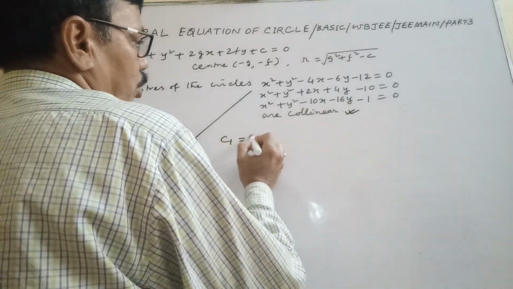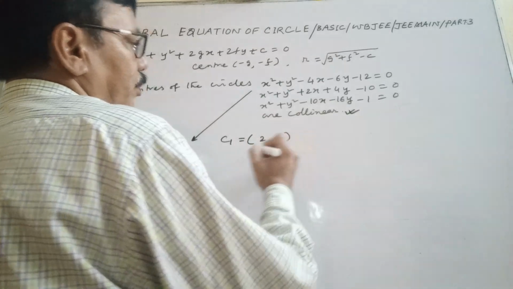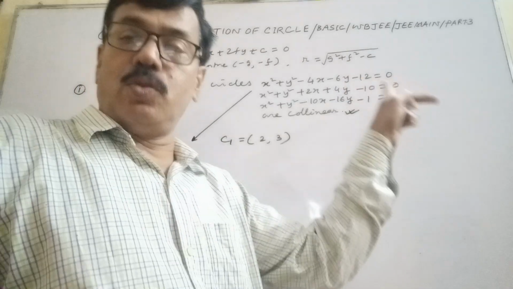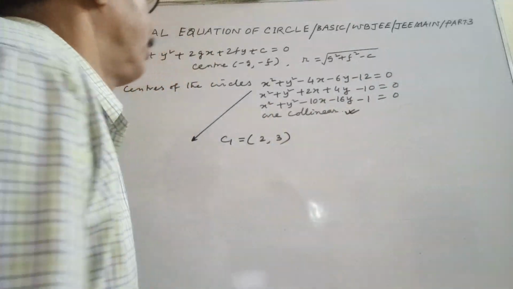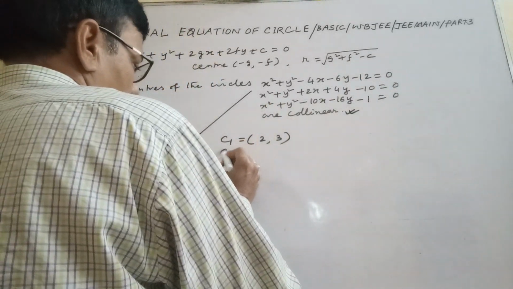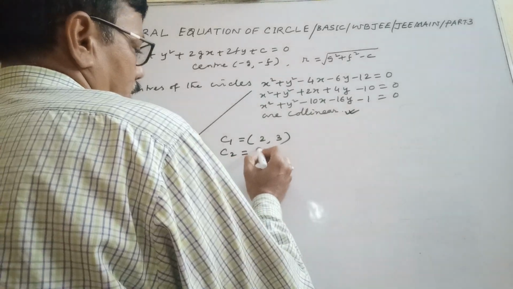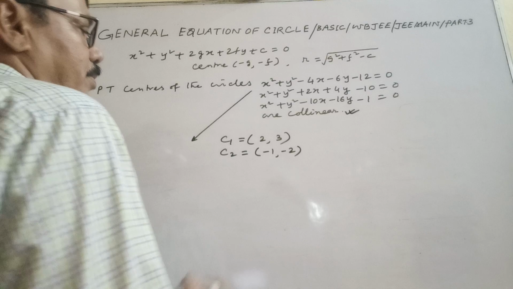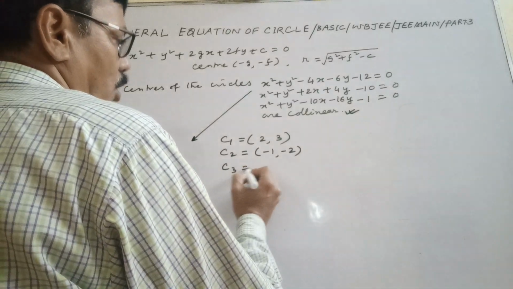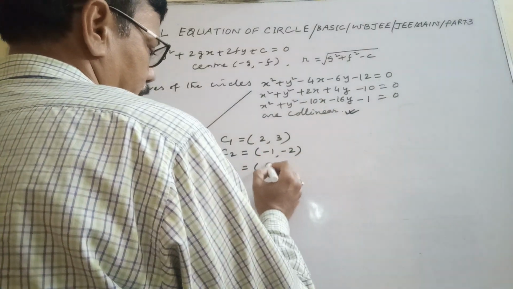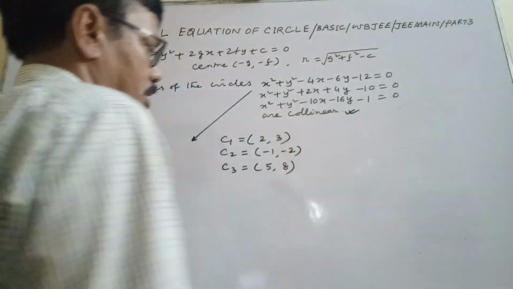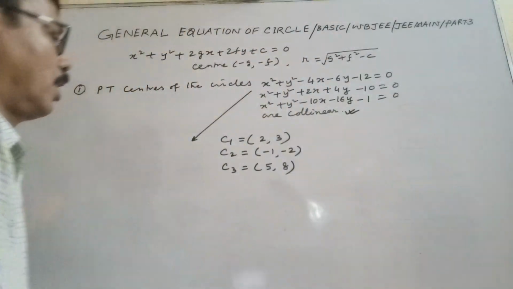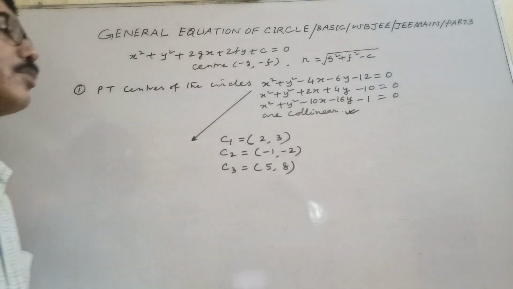C1 equals to 2, 3. Divide the coefficient of x and coefficient of y by 2, then change the sign. C2 is minus 1, minus 2. And C3, all are in standard form. So we are finding the centers of the circles.